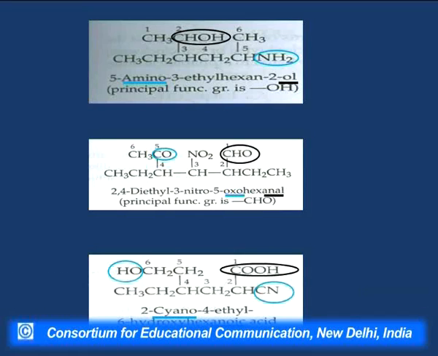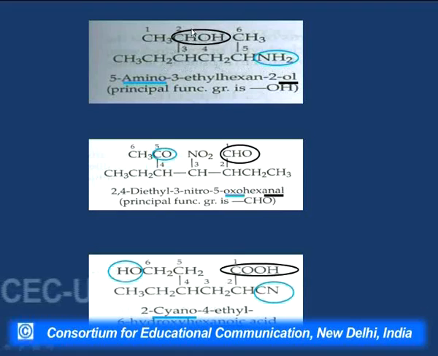So now, if I have to choose the longest carbon chain, I've taken a highly branched chain going from left to right, and we name this compound as follows. We have a substituent which is amino, so we are naming it as 5-amino. Please remember the alphabetical order: 5-amino, 3-ethyl hexane, and then the OH group is at the second carbon, so we are naming it as hexane-2-ol.